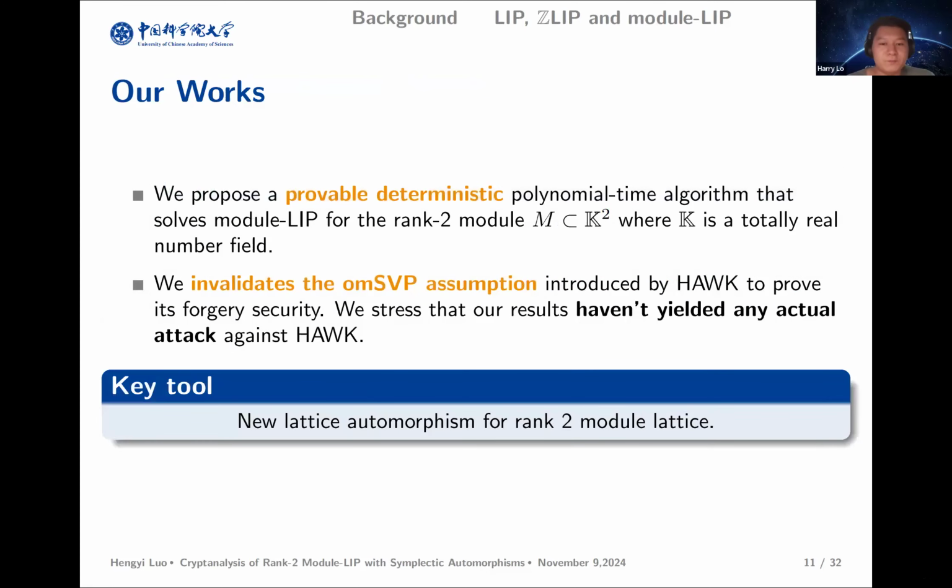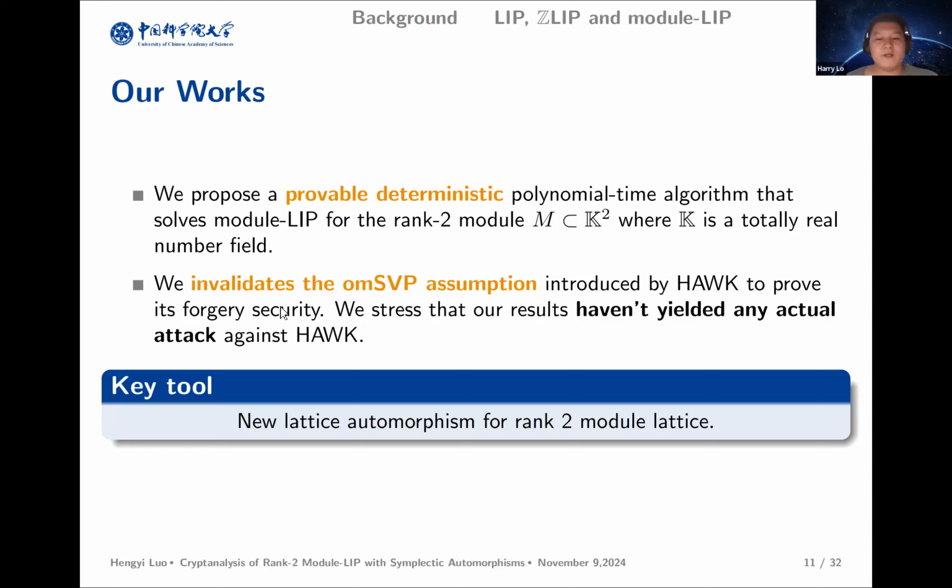Now, let me share our contributions. First, we propose a provable deterministic polynomial time algorithm to solve module LIP for rank 2 modules M contained in K squared, where K is a totally real number field.